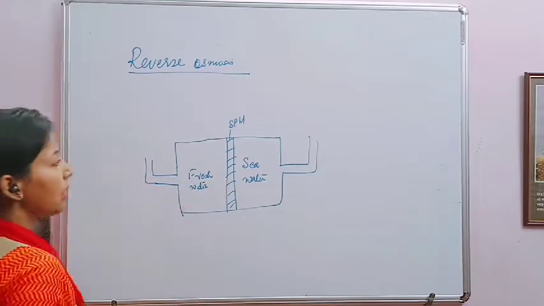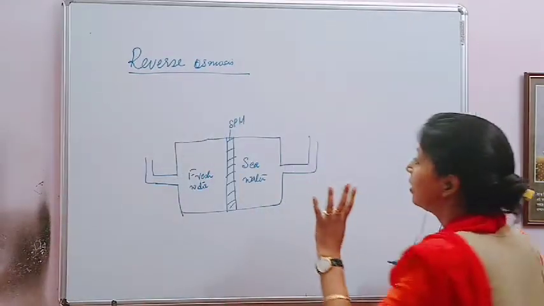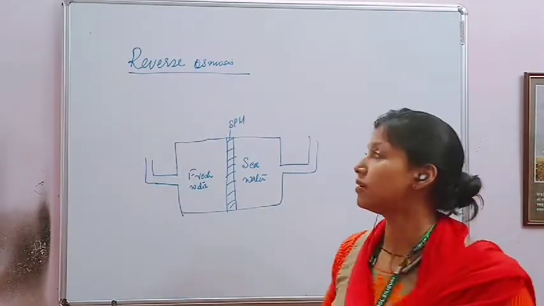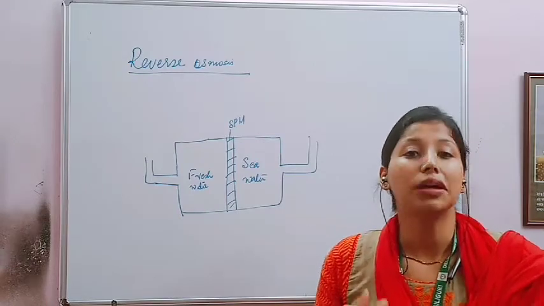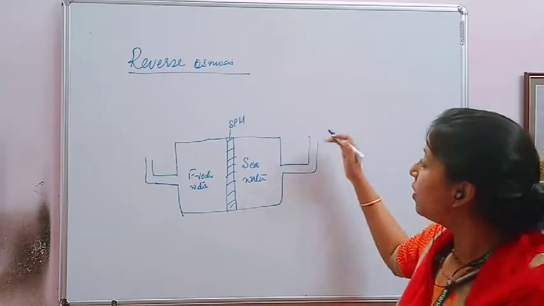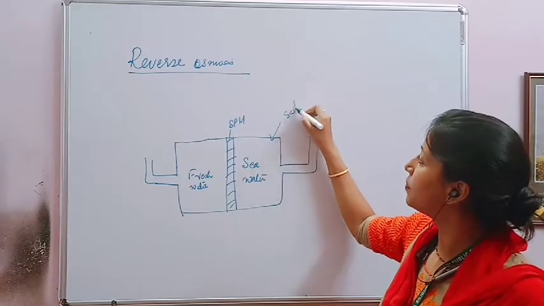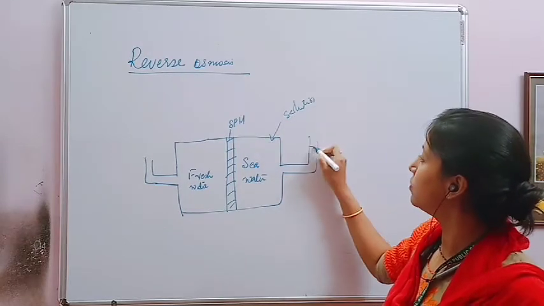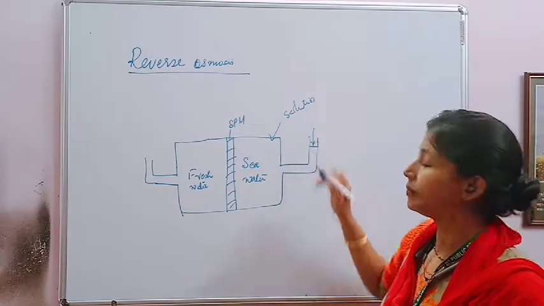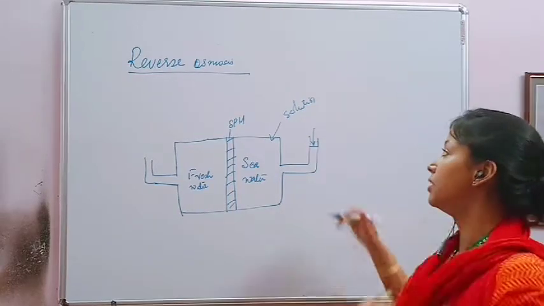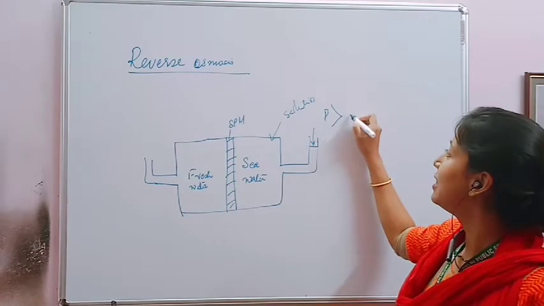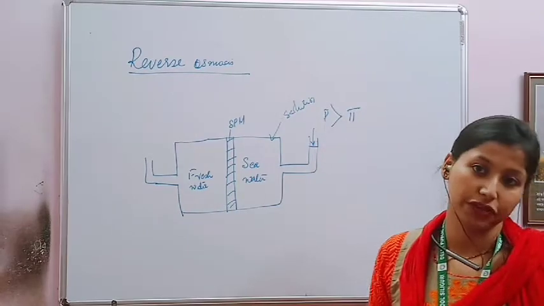Now, if you want your osmosis to take place in the reverse direction, we have to apply a pressure on the solution side. That means I need to apply a pressure here. And how much pressure? We have to apply a pressure which is greater than the osmotic pressure.